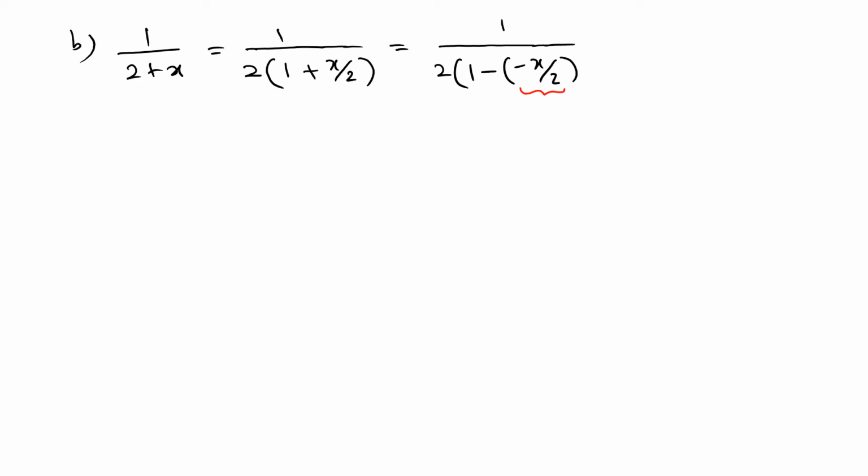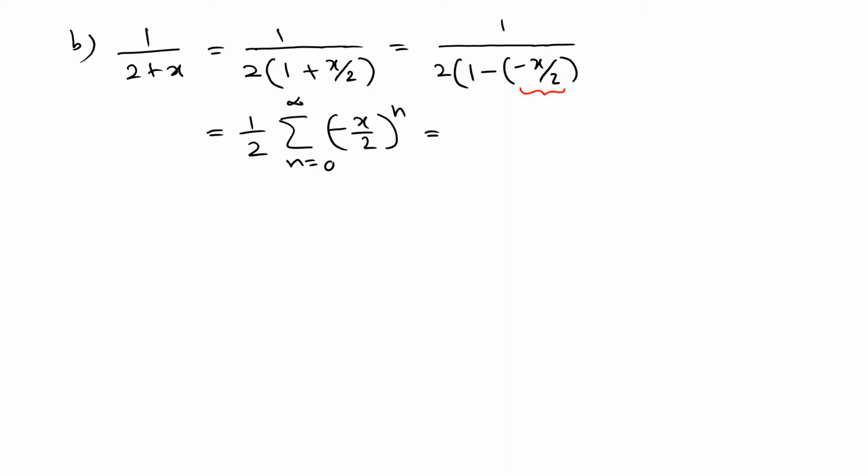Now you're going to go back to the original series, the common series. So that means 1/2 you can write outside because that's a common term, and then go to the general power series, the series 1 that we talked about at the beginning, and replace x by negative x over 2 to the n. Now we can simplify this a little bit.